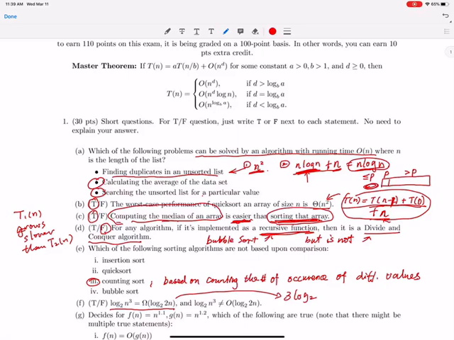The worst case performance of quicksort is theta of n squared. So this is true. So here's why. Remember, quicksort works by first partitioning the array into two parts, or three parts.